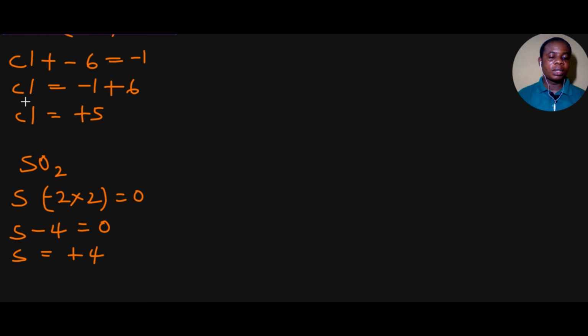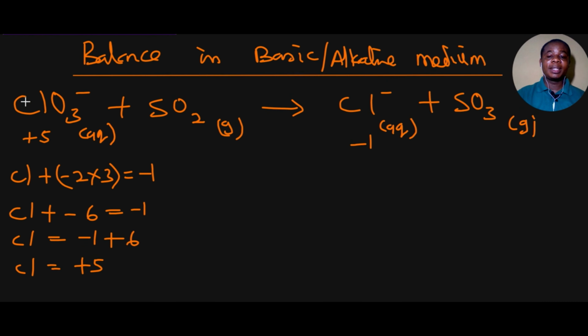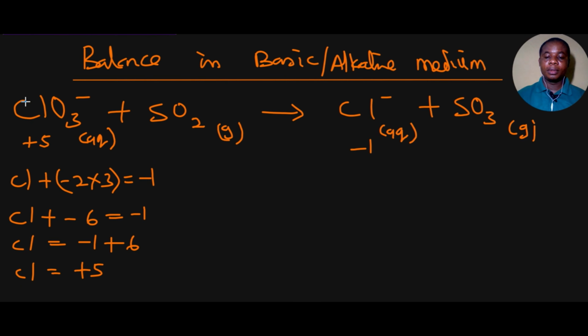So it's moved from plus 4 to what? Let's check that of this. This is S plus negative 2 times 3, which is equal to 0. S plus negative 6 is equal to 0.